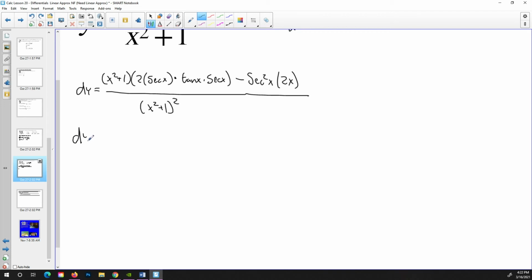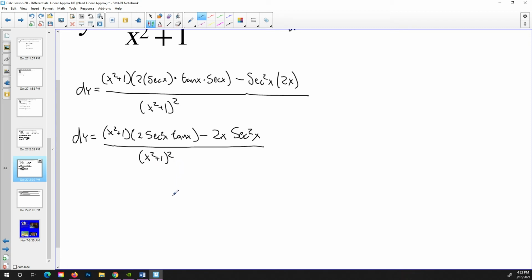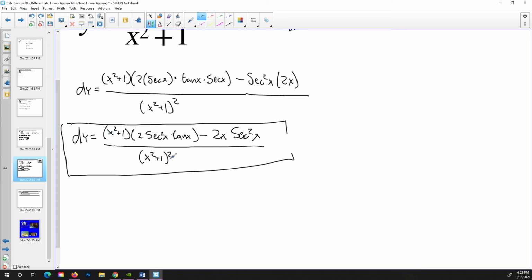So I'll get dy is equal to x squared plus 1 times 2 secant squared x tangent x, and then it's minus 2x secant squared x, and then that'll be all over x squared plus 1 quantity squared. Now I know that that looks ugly, but it is usable in that form, and if we knew what x was, we could plug in and calculate dy.